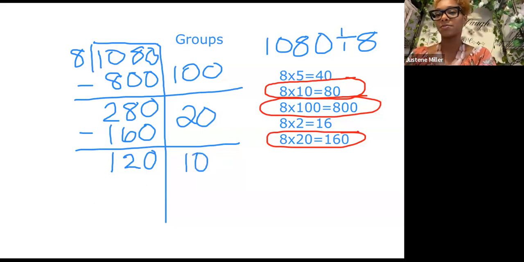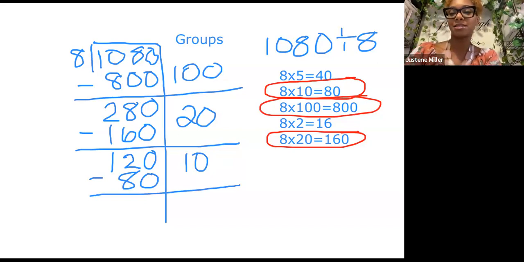And 10 groups of 8 is 80. So I'm going to subtract 80 from my total. All right, let's see what you got. 0 minus 0 is 0. And 12 take away 8 is 4.